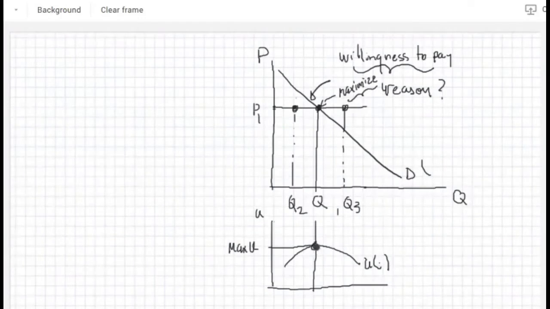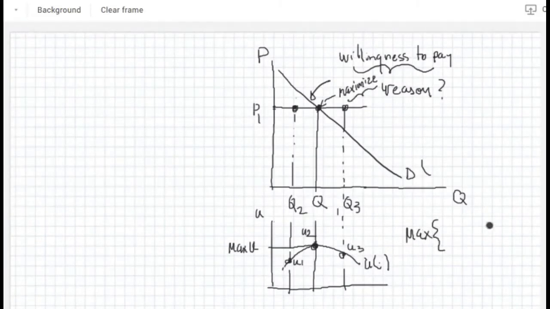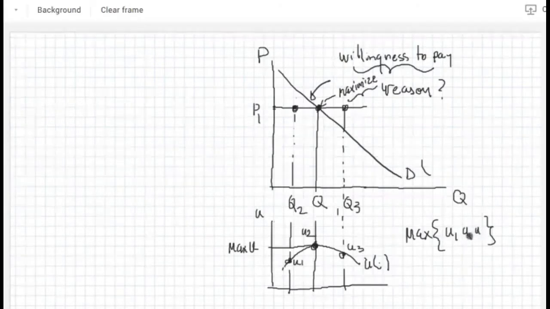I maximize this utility at this point, which means if I'm here, that basically means my utility is here. If I'm here, that basically means my utility is here. So this is U1, this is U2, this is U3. So my maximum utility, if I have a choice of buying different amounts, between U1, U2 and U3 is U2.